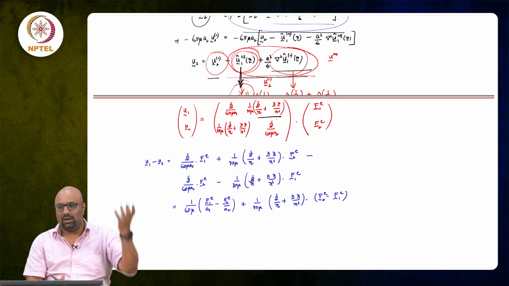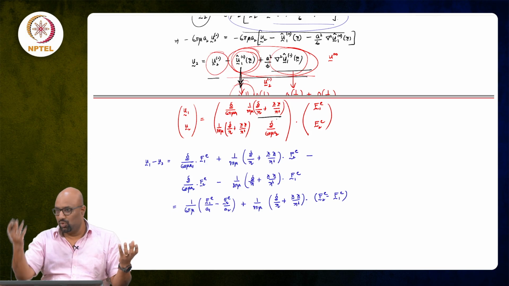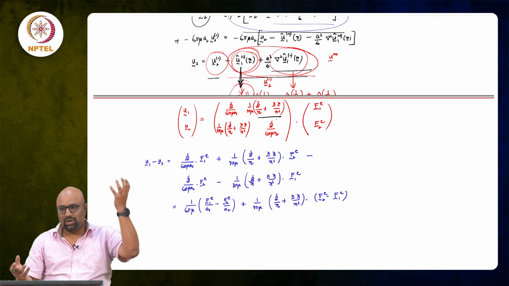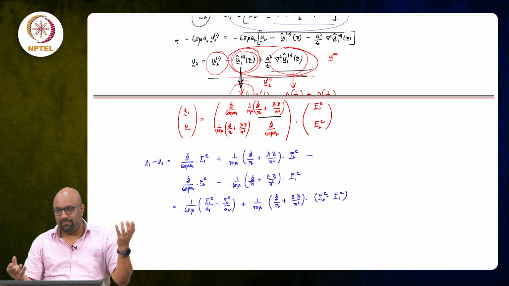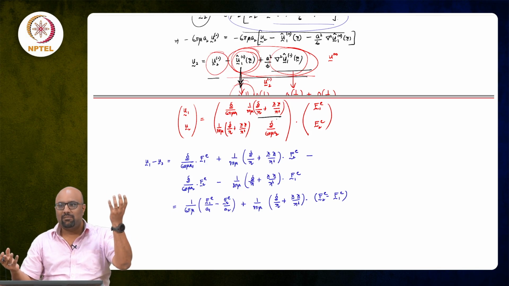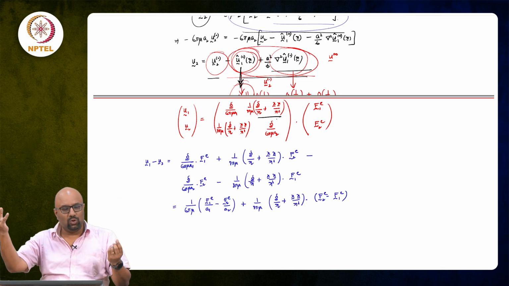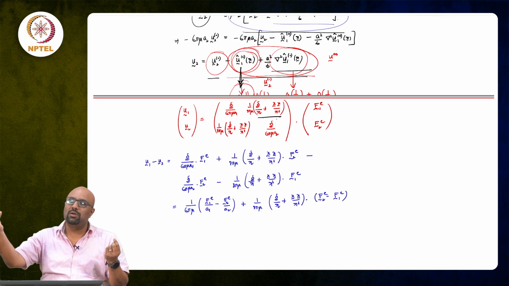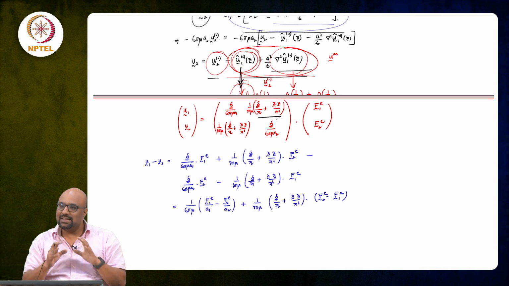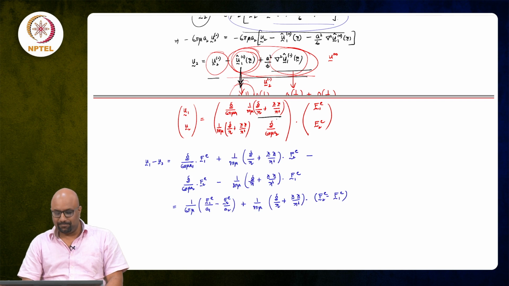You are saying sphere 1 falls due to gravity, sphere 2 falls due to gravity. The motion of sphere 1 creates a velocity field which is influencing sphere 2, and if they are sufficiently far apart, sphere 1 for the purpose of sphere 2 can be modeled as a Stokeslet, and sphere 2 for the purpose of sphere 1 can also be modeled as a Stokeslet. That is the idea of what we have done as the first level calculation.